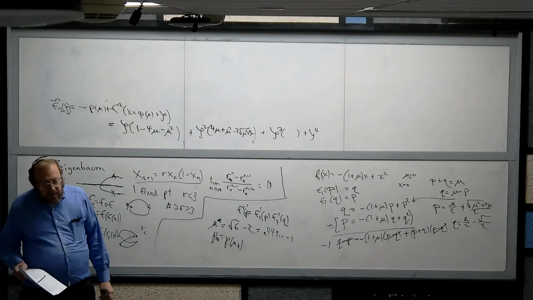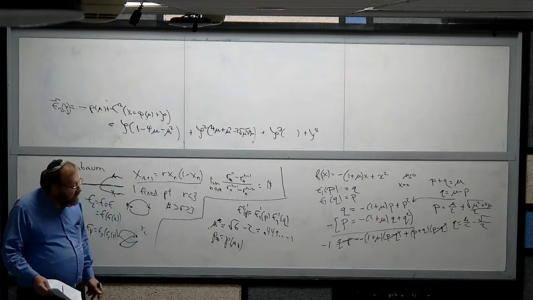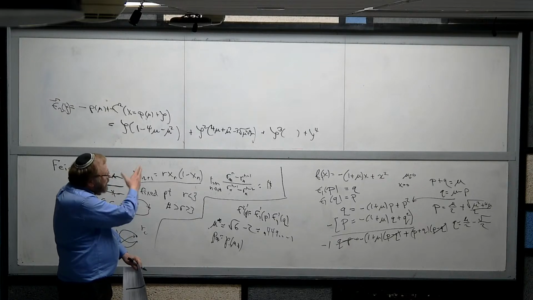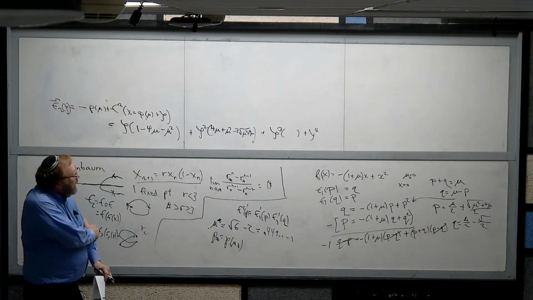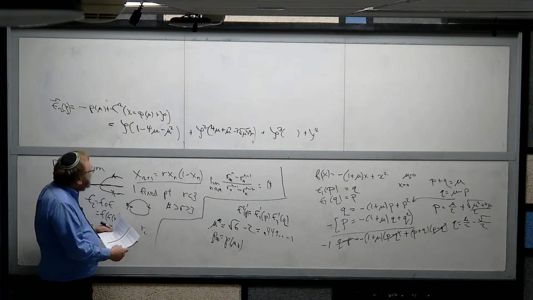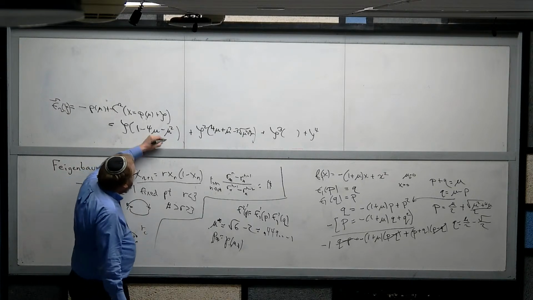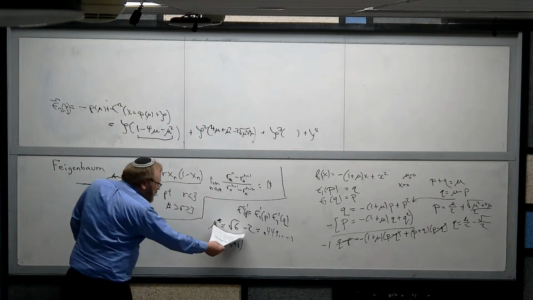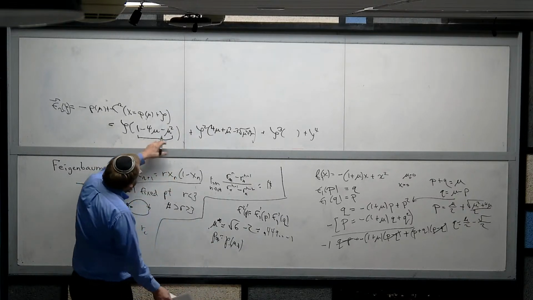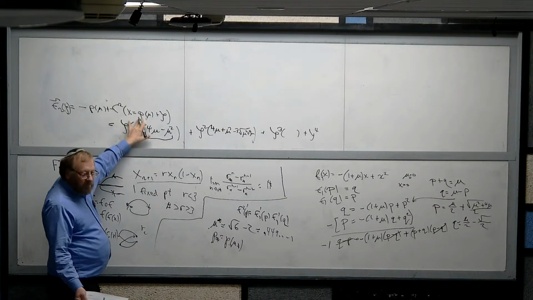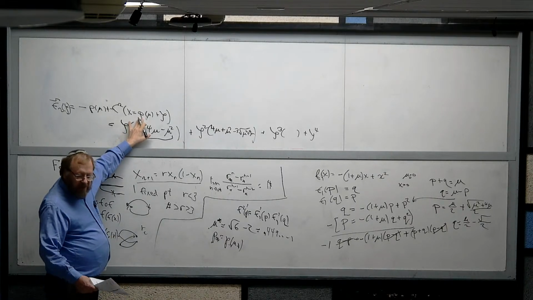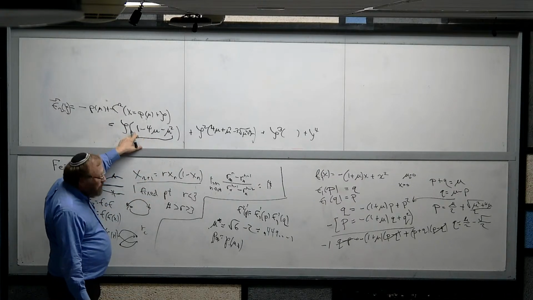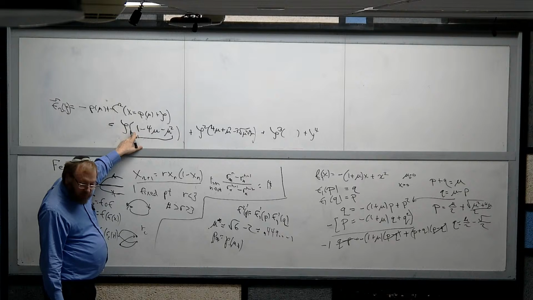Right, because it's the second iterate of a quadratic polynomial, therefore it's a fourth order polynomial. This is true for any mu. What's special about mu star is that this number is minus 1 at mu star.